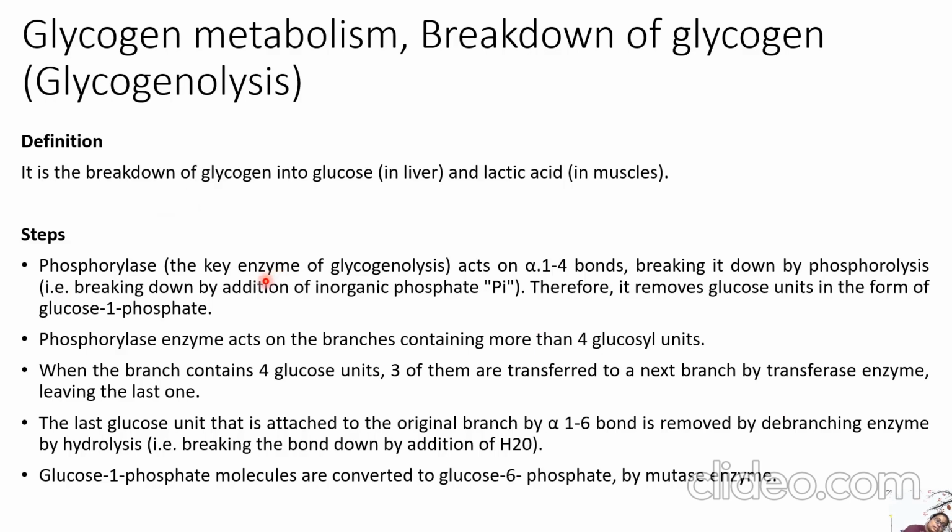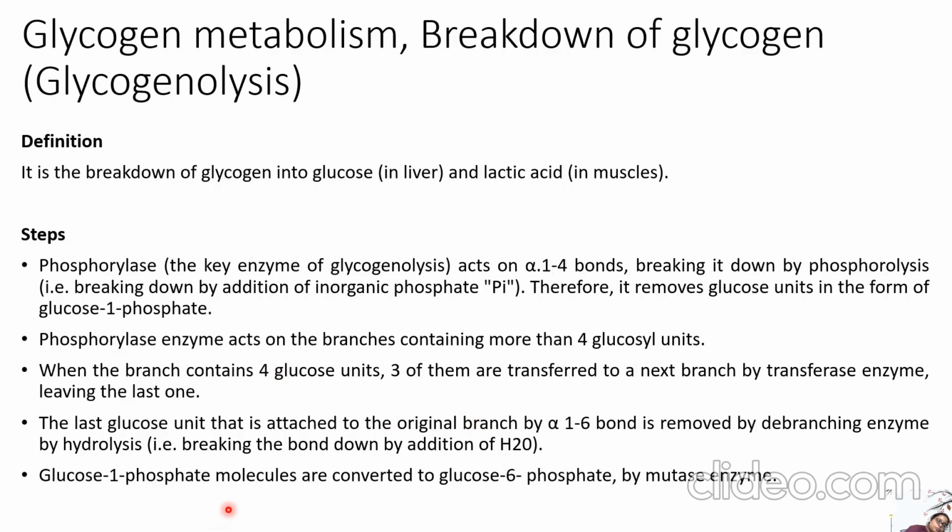Phosphorylase acts on branches containing more than 4 glucosyl units. When the branch contains 4 glucose units, 3 of them are transferred to the next branch by transferase enzyme, leaving the last one. The last glucose unit attached to the original branch by alpha 1,6 bond is removed by debranching enzyme by hydrolysis, that is, breaking the bond by addition of H2O.